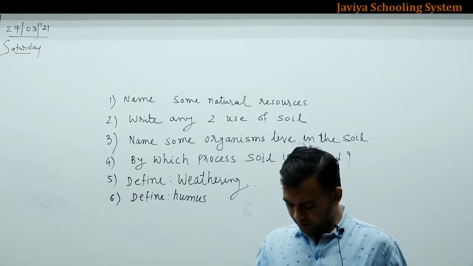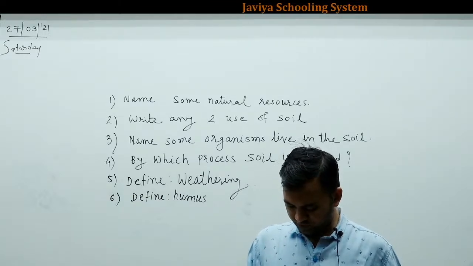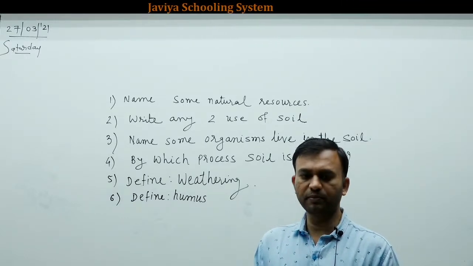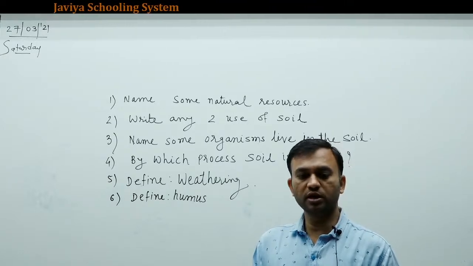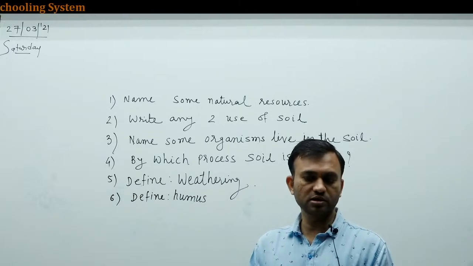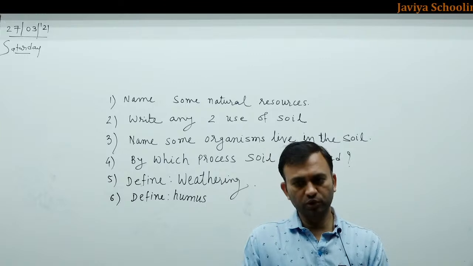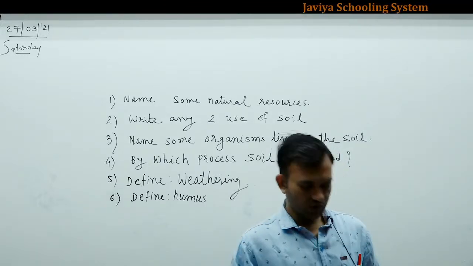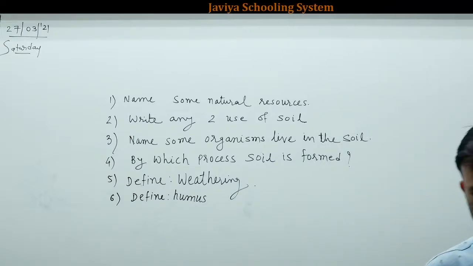So humus contains nutrients like nitrogen, potassium, phosphorus, which are needed by the plants for their growth and development. So humus is useful for the plants because it contains the nutrients like nitrogen, potassium and phosphorus. So these are very much essential for the growth and development of the plant.